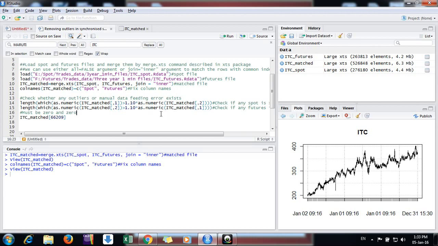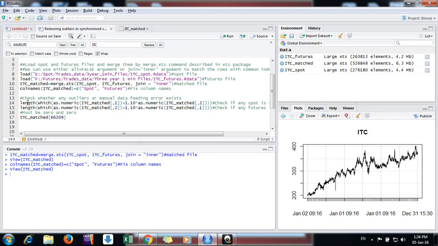I'm converting to numbers because we are using the high frequency or XTS package, which means the series is in text format, so I need to convert it to numeric form. So this gives me the second column converted to numeric, 1.10 times, and then which data points have spot more than 1.10 times futures. Again I am putting length, which gives me the number.